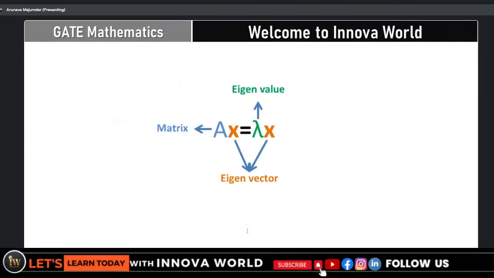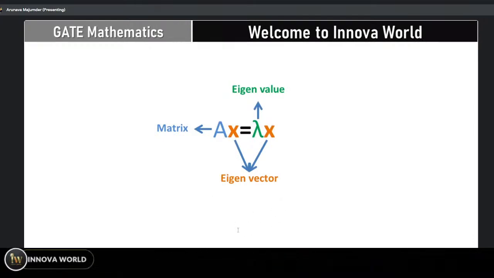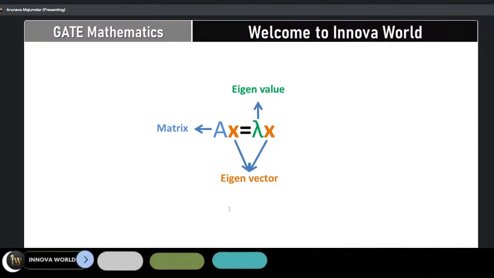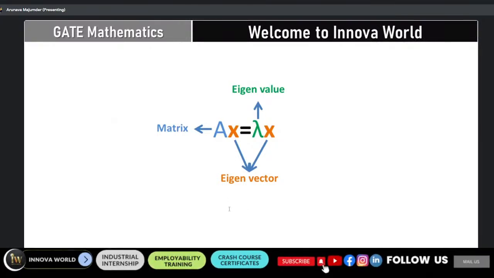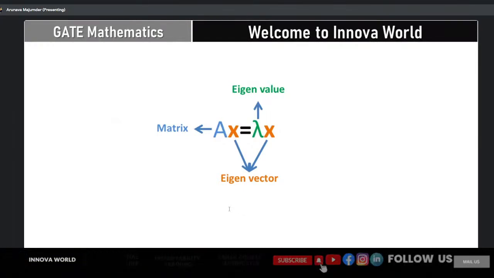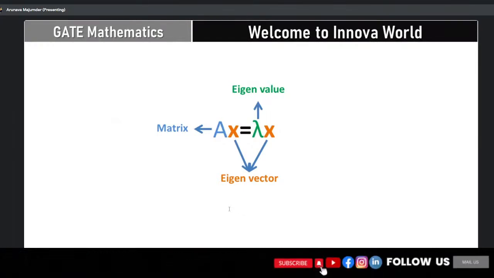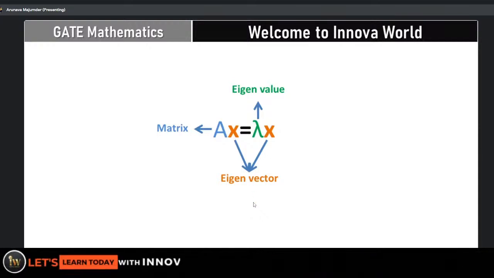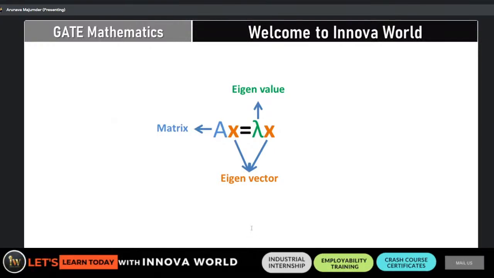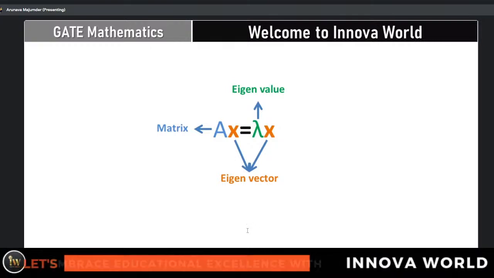To find the eigenvectors, we first need to find the eigenvalues, and for each and every eigenvalue we will have separate eigenvectors. So if a matrix is given, suppose this is a 2 cross 2 matrix, and we have two different eigenvalues, how many eigenvectors will we have? We will have two different eigenvectors.